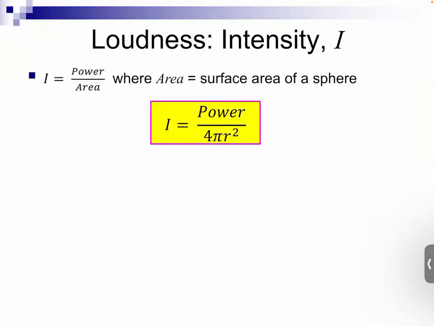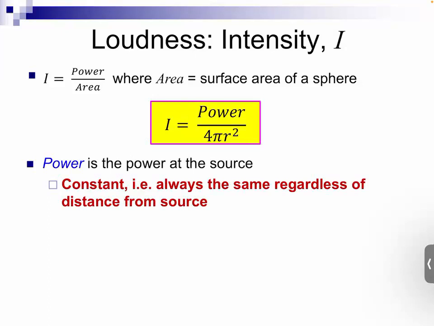So therefore, we define the area as the surface area of the sphere, because the sound from the point source propagates as spheres centered on the source of sound. So the intensity or the loudness of sound depends on the surface area of the sphere, 4 pi r squared, and also the power, the energy of the sound at the source.